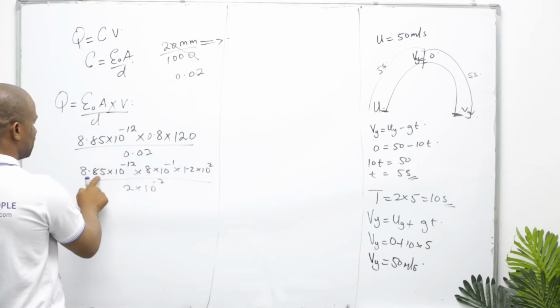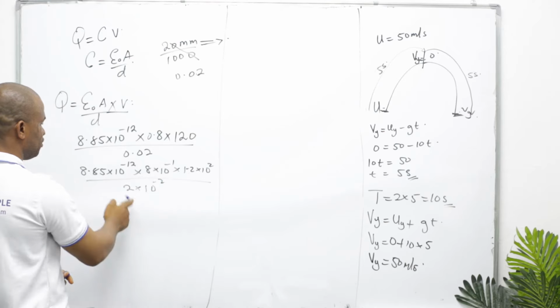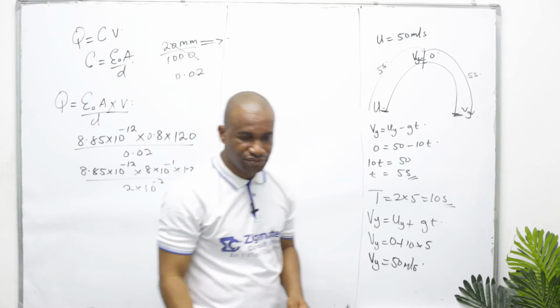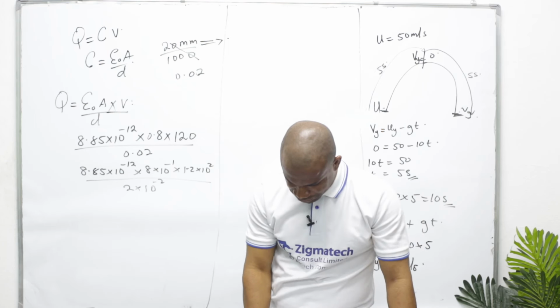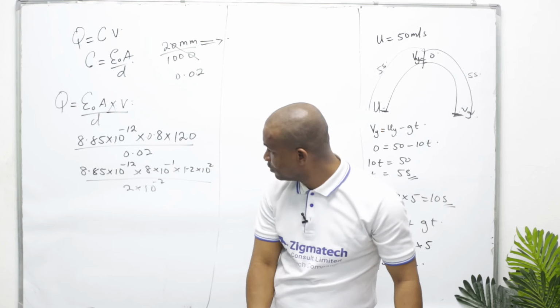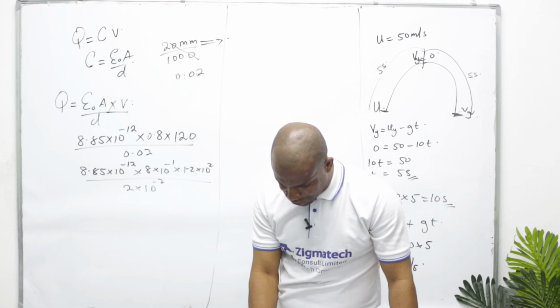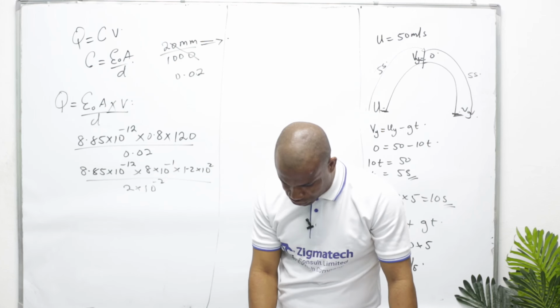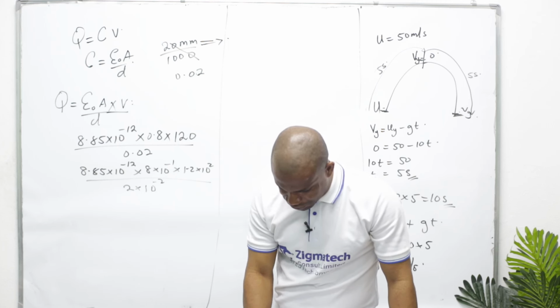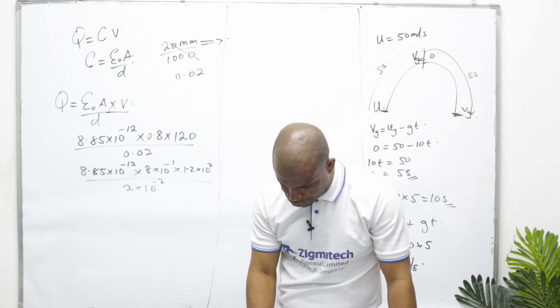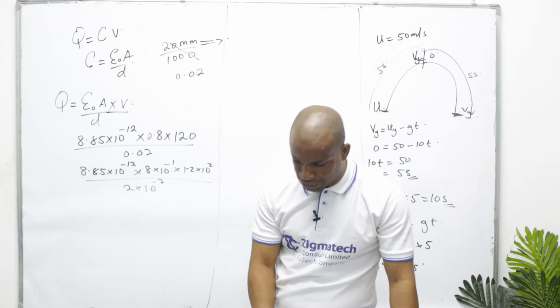So 8.85 times 8 times 1.2 divided by 2, I have 42.48.